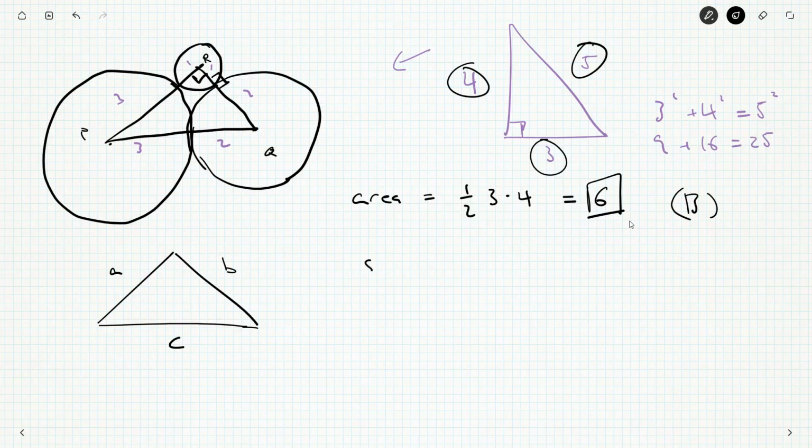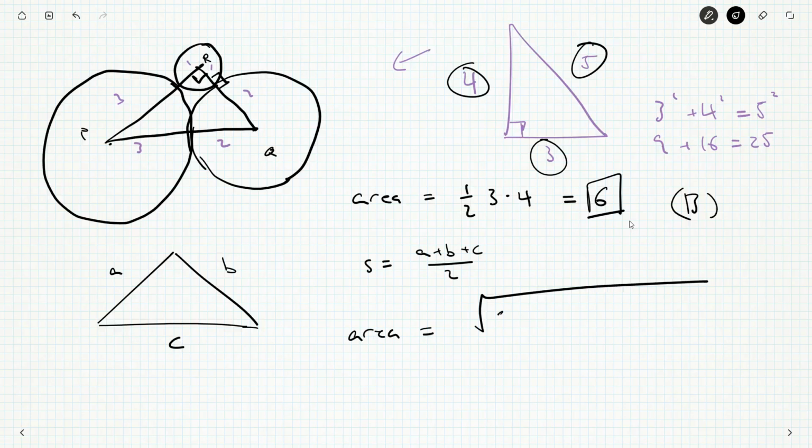But if we define S to be A plus B plus C over 2, this is sometimes called the semi-perimeter. Another calculation you can make is area is the square root of S times S minus A times S minus B times S minus C. I can't remember if there's a 1/2 or something in front.